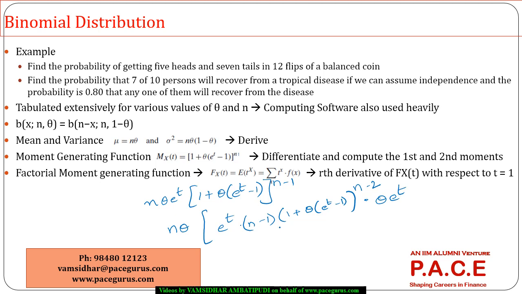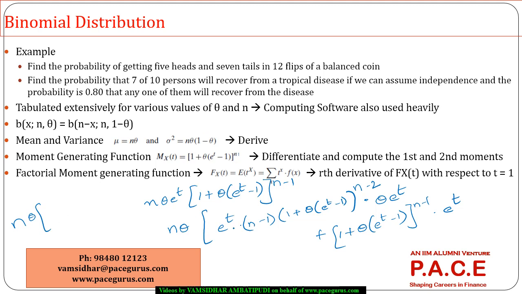So this is one part, plus (1 plus theta (e power t minus 1)) to the power n minus 1 into e power t. This is the second part. So I'll take out n theta.